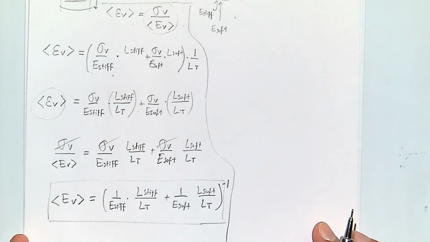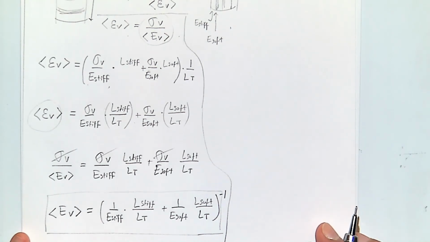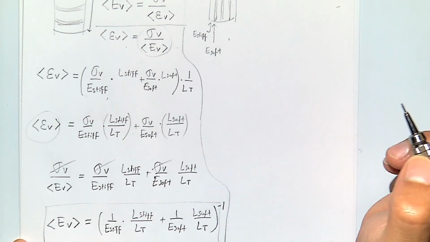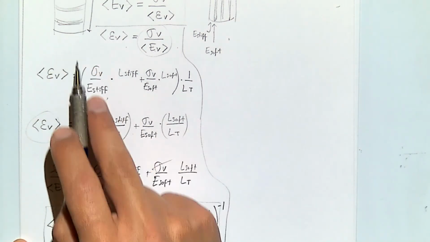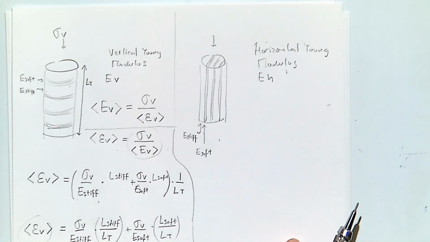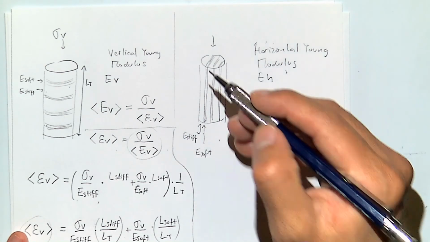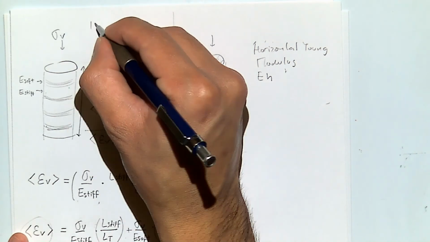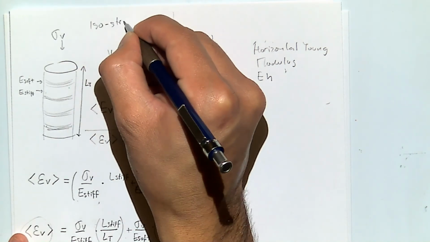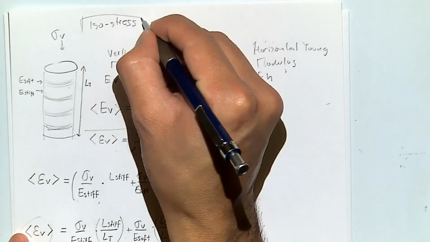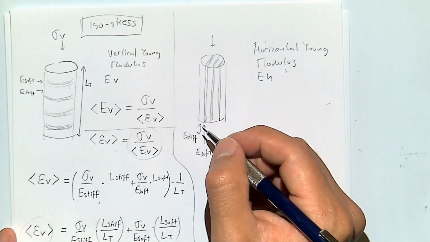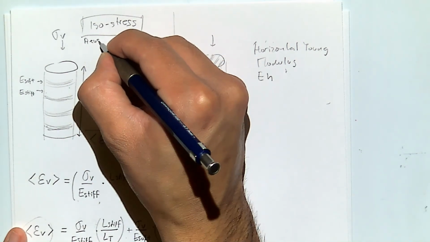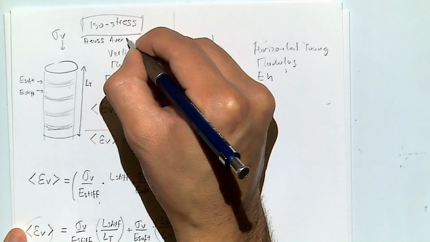Okay, for the second example, it's a little bit more difficult because not all the layers have the same vertical stress. Actually, what happens, this is a model called isostress, and it's also called a Reuss average in geophysics.